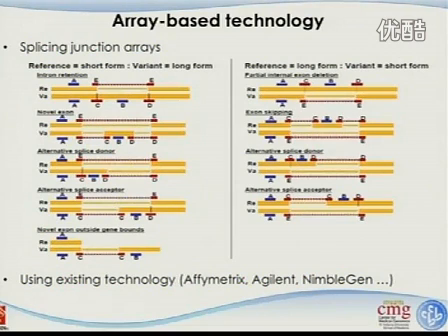The point here is that with splicing junction arrays, you are designing the probes to target the splicing junctions that help you to identify alternative splicing. And it turns out that this technology has much, much higher sensitivity. However, in order to design these arrays, we have to know the species in terms of potential alternative splicing patterns really, really well. Okay?